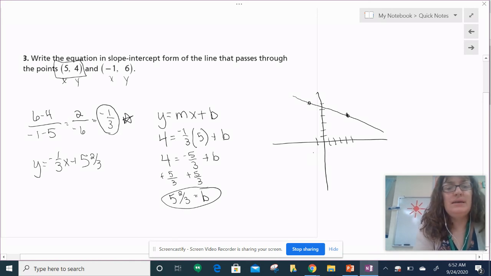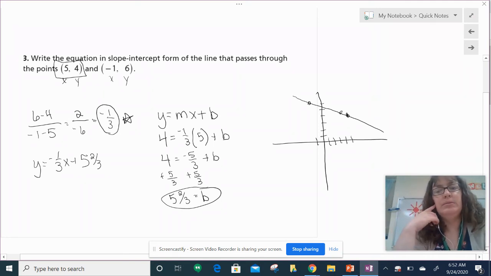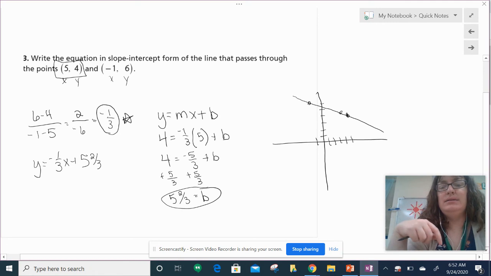So does it seem reasonable that it would go through 5 2/3? So if I count 1, 2, 3, 4, 5, yes, that seems reasonable because my line goes through somewhere between 5 and 6. And then from that point, if I went down 1 over 3, does that also seem reasonable to be on my line? And I would say yes, it does. So I can feel comfortable with the line that I've drawn.